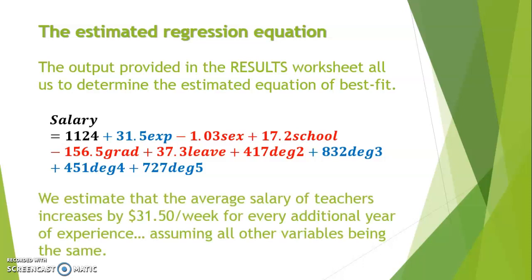When interpreting the coefficients, you have to be wary of whether the variable is significant or not. For instance, we estimate that the average salary of teachers increases by $31.50 per week for every additional year of experience, assuming all other variables are the same. So for instance, of 2 teachers that have 1 year difference of experience, one will earn $31.50 more than the other on a weekly basis.